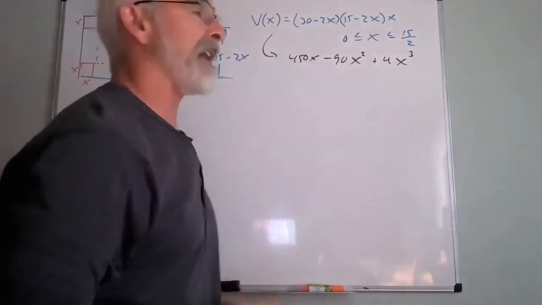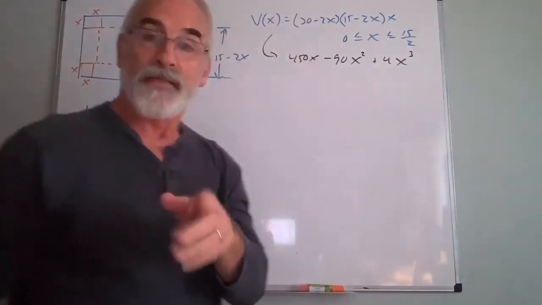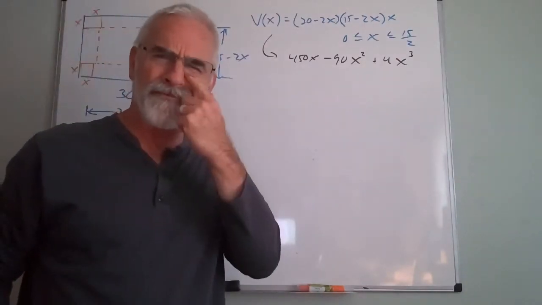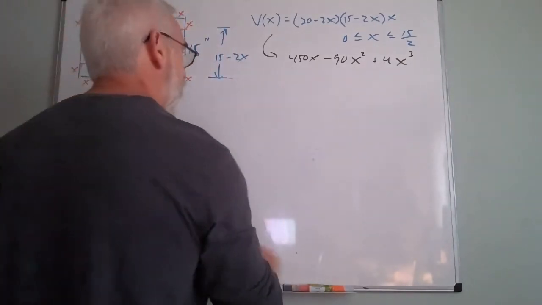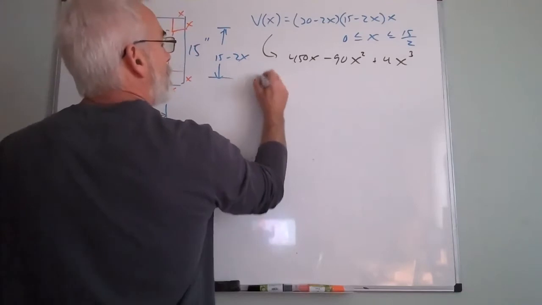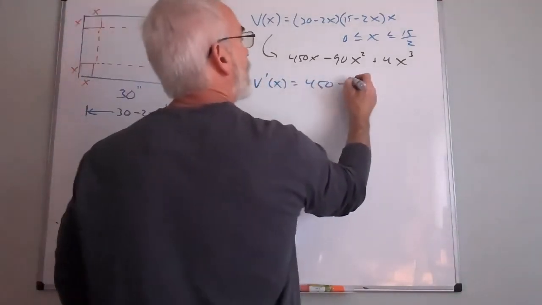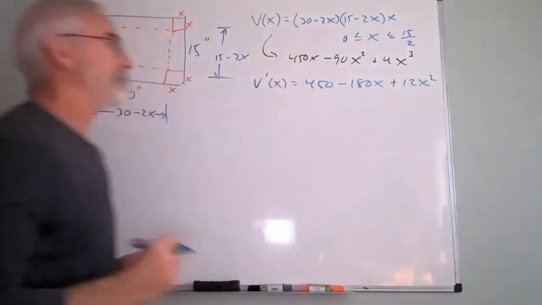Now notice if x exceeded that interval, if I was on the other side or if I was negative, that would actually give you a negative value for the volume, which I think we agree, volume probably shouldn't be negative. Yeah, that would be bad. So now V prime of x is 450 minus 180x plus 12x squared.